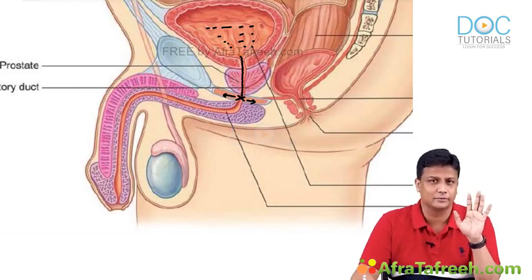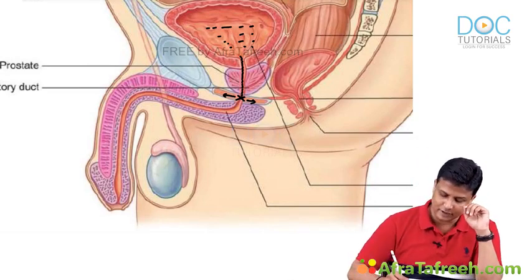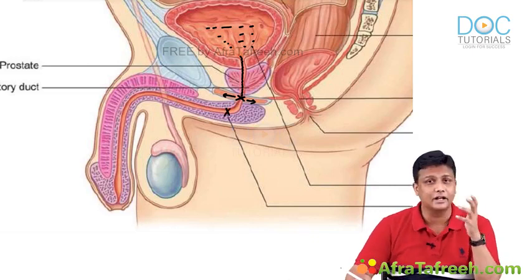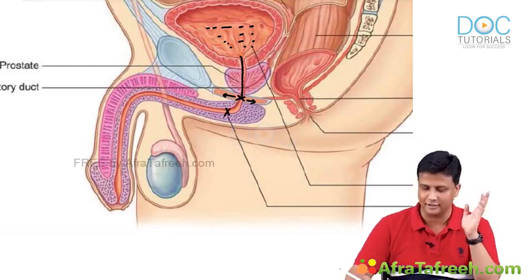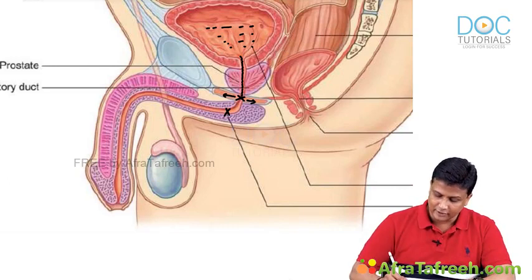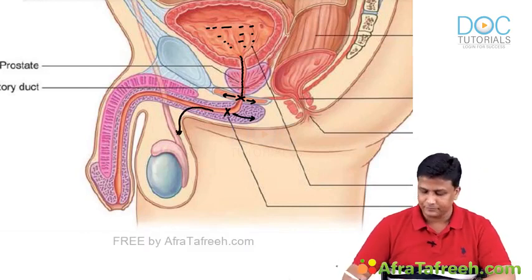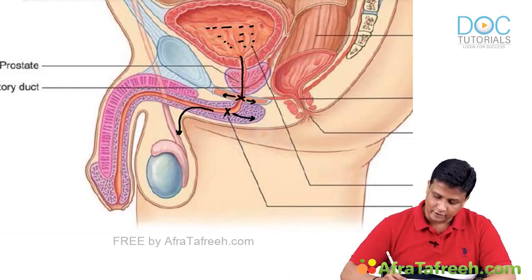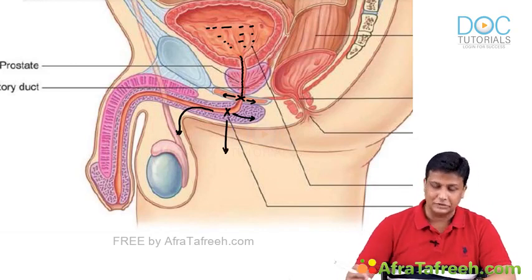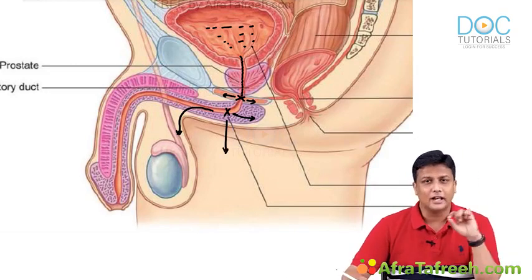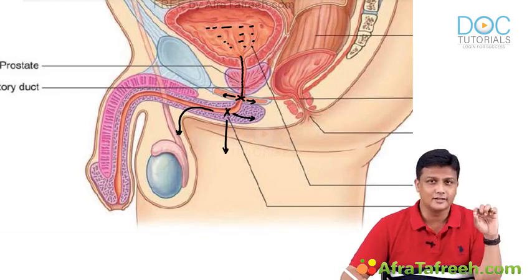So when there is a rupture of the membranous urethra, the urine is going out more or less only in the deep perineal pouch. But if there is a rupture of this spongy urethra, or we can say the penile urethra, that is a very bad condition. Why? Because the urine will be extravasating out into the superficial perineal pouch. That is further in continuation with the scrotum. So the urine will also go into the scrotum, the scrotal sac. The urine will also go down into the thigh, up to a line which is also referred to as Holden's line.